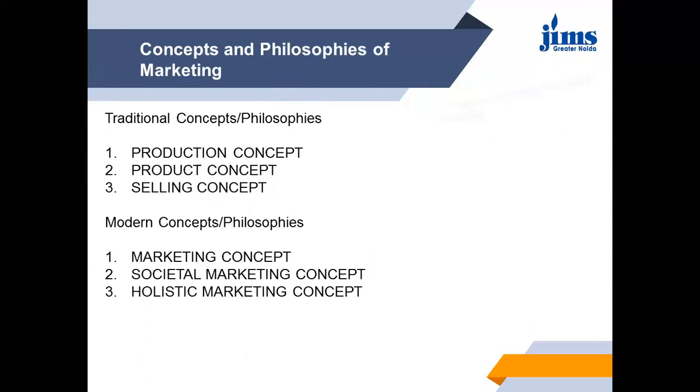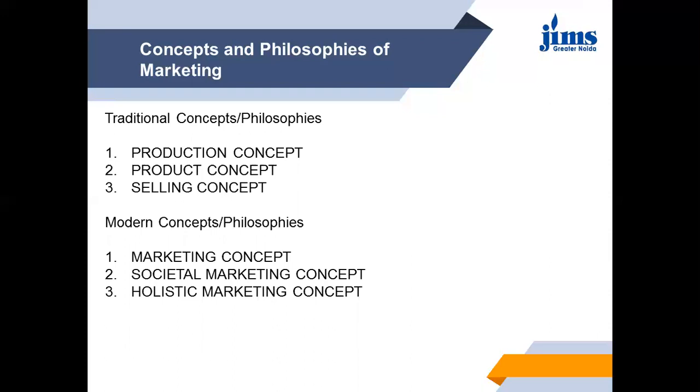The traditional philosophies are more seller oriented. Here, the seller is the key player in the transactions, or I should word it differently by saying the traditional philosophies are focused on the seller's profit and do not give any important role to the customers.